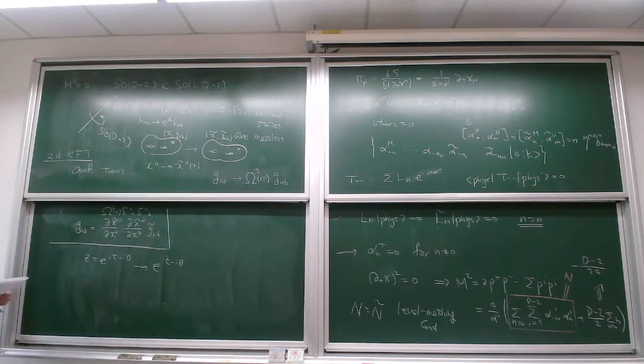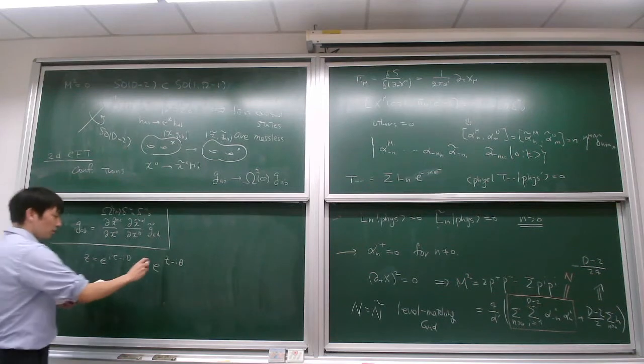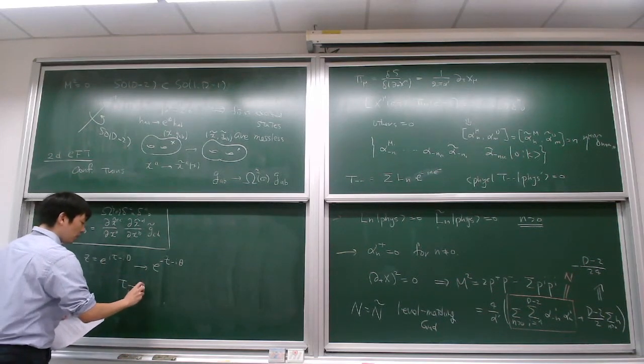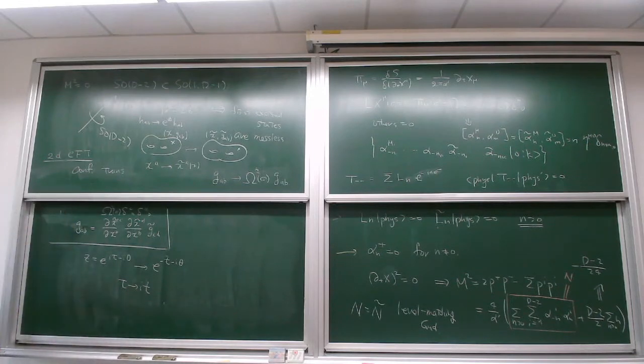I think it should contain a minus sign here. So this is a holomorphic coordinate, and z bar is just its conjugate.